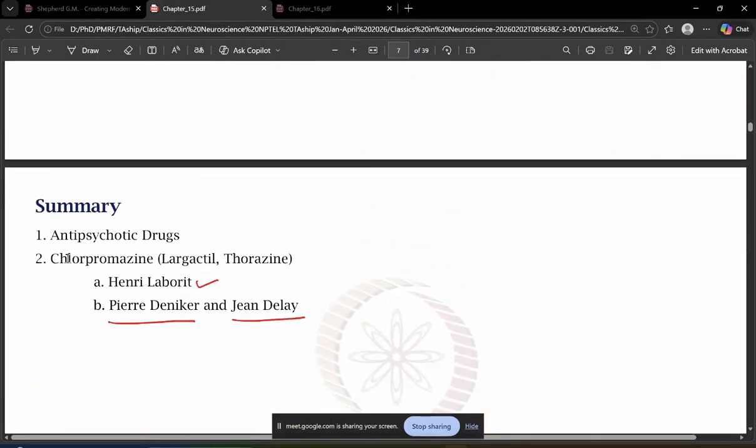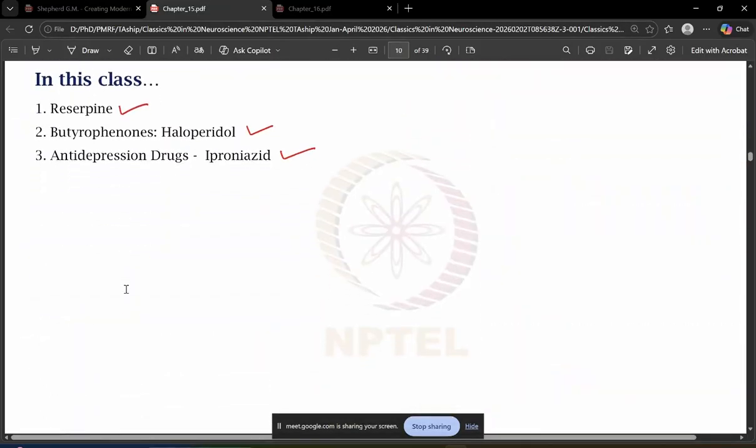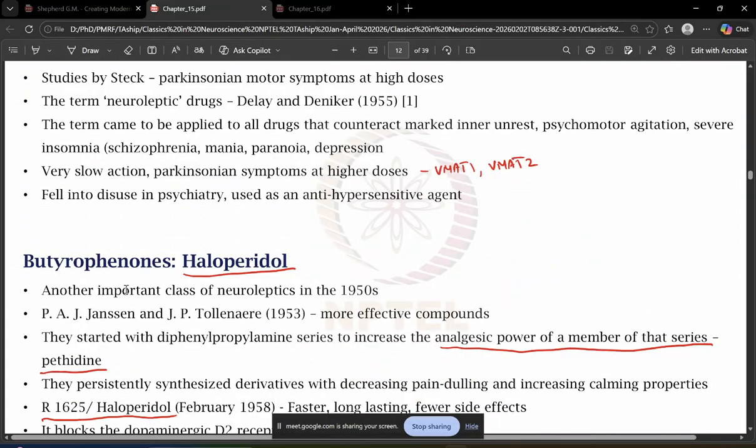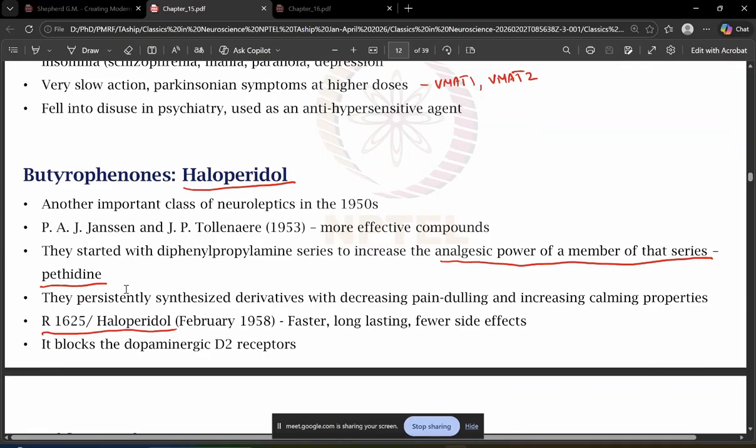Chlorpromazine, although it was effective in calming patients who had psychosis, also had a strong sedative effect, and a lot of morphine-like effects. So they wanted to synthesize compounds which had reduced morphomimetic effects but increased calming properties as compared to chlorpromazine.